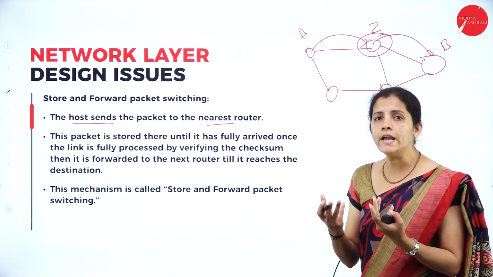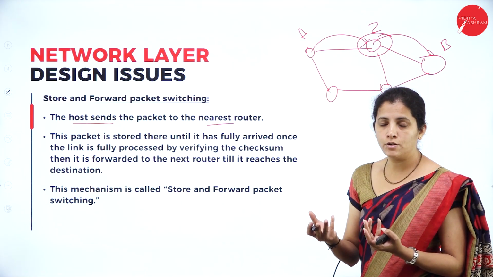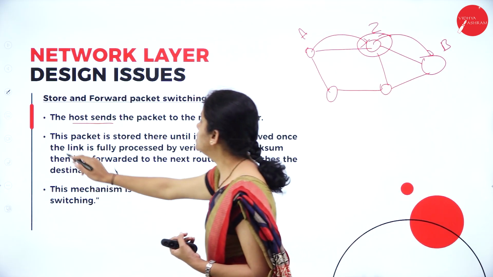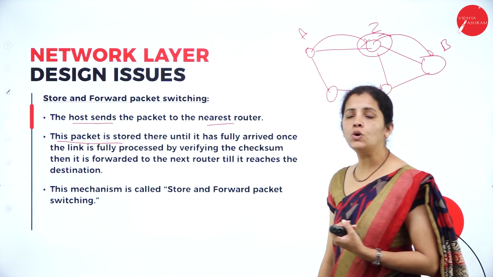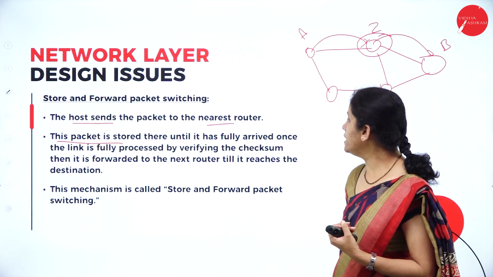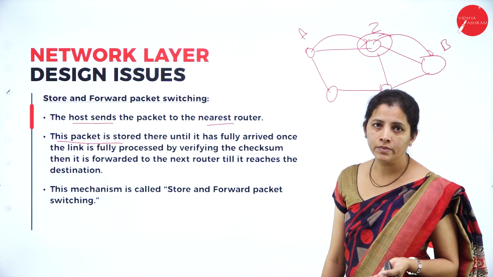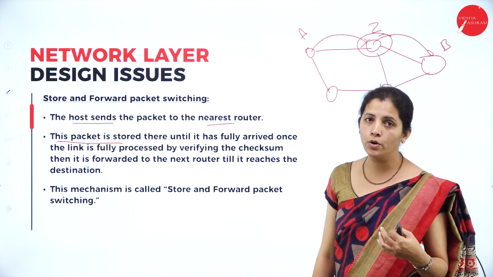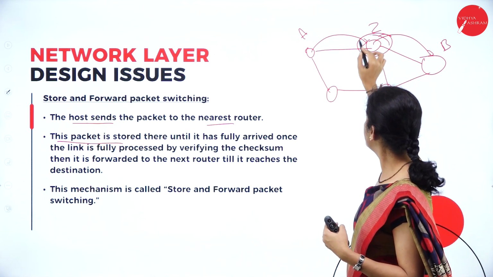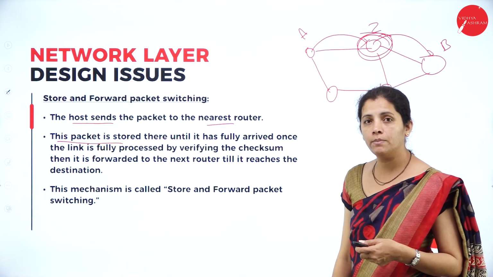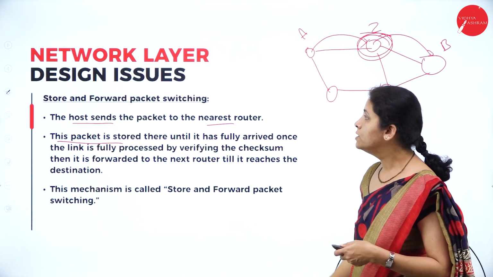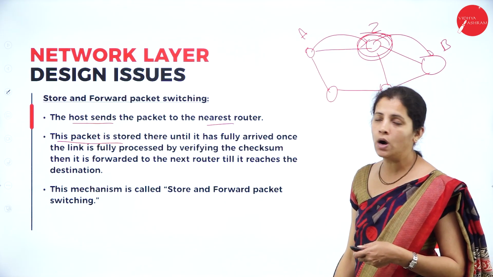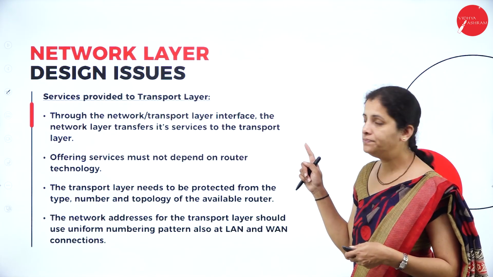That is delay in the message or delay in the packet delivery. So this packet is stored there until it has fully arrived. Whatever the packet I'm going to send must be stored in my intermediate router. So this is my first design issue under the network layer.